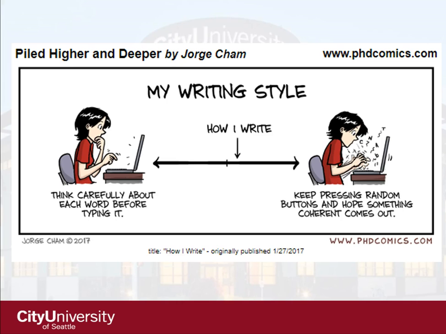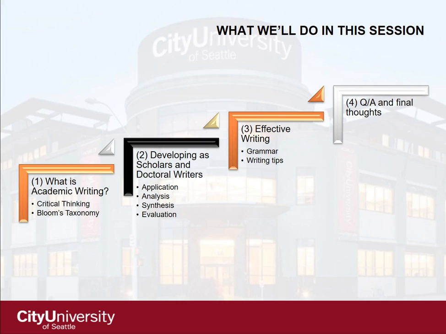And so with that, I want to talk about, in this session, what is academic writing? I'm going to cover some things in critical thinking and a concept called Bloom's Taxonomy. Many of you are familiar with that. And then the heart of this presentation is developing as scholars and doctoral writers, writing with application, analysis, synthesis, and evaluation.